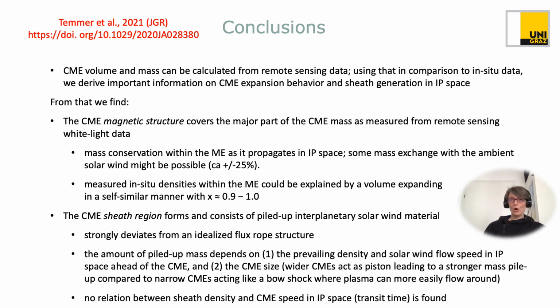So it's a much more complex structure, and the amount of piled-up mass depends on the pre-event density and especially the speed ahead of the CME, but it does not depend on the CME transit time. We also found, which is not shown in the presentation here but you can read in the paper, that wider CMEs tend to have larger sheath densities because of a piston-type pileup scenario, compared to narrower CMEs that act more like a bow shock.